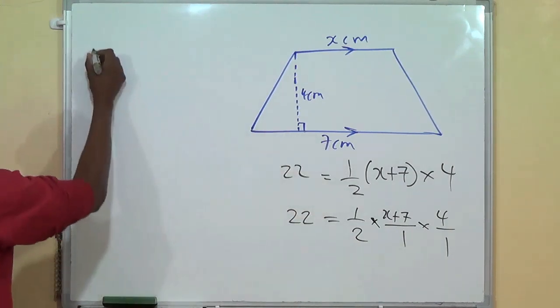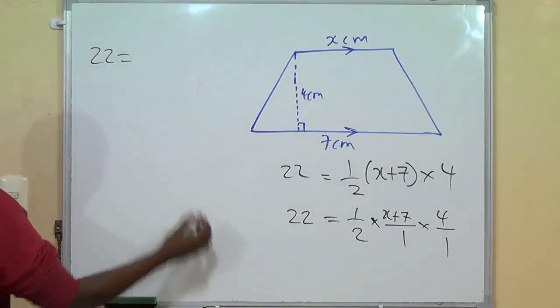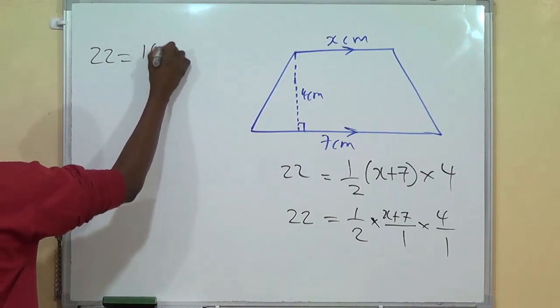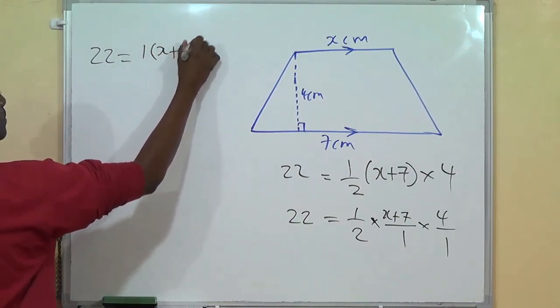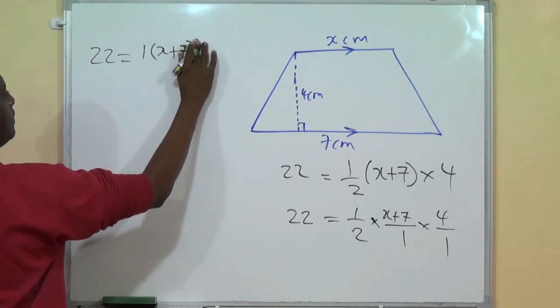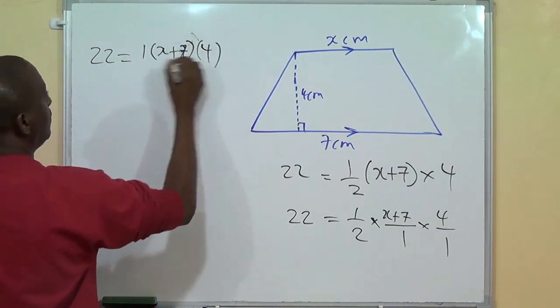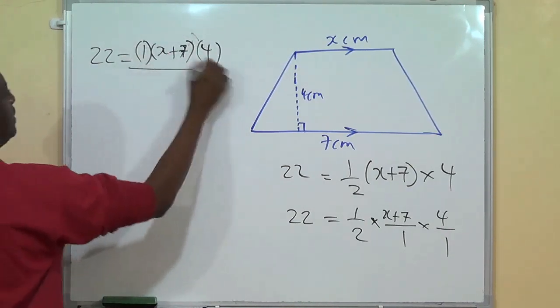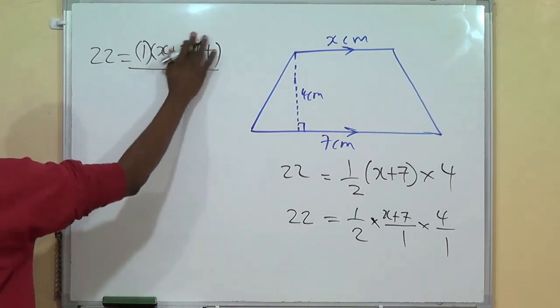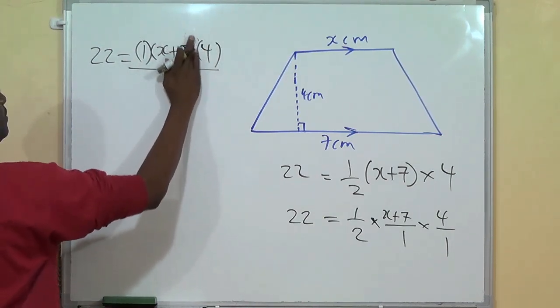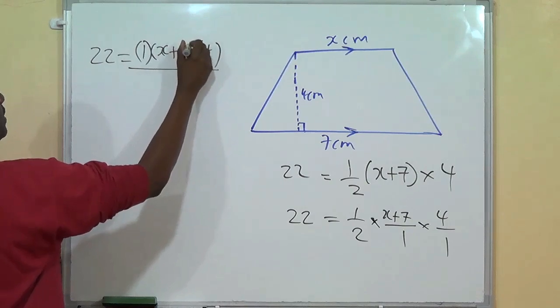So if we come across here with this now, we get 22 is equal to, watch it now, 1 by x plus 7 by 4. Right? I put each entity in a separate bracket by itself. 1 into x plus 7 by 4, right?